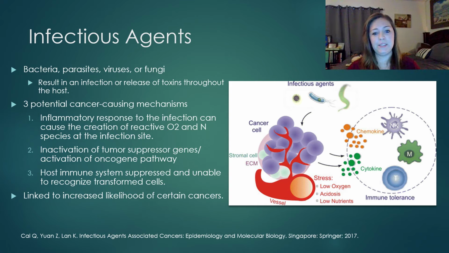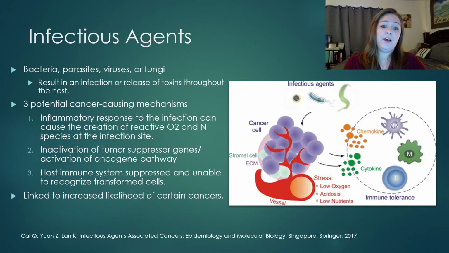The first mechanism is the result of the body's inflammatory response to fight the infection caused by the infectious agent. So long-lasting inflammation can cause the creation of reactive oxygen species and reactive nitrogen species at wherever the infection site is.